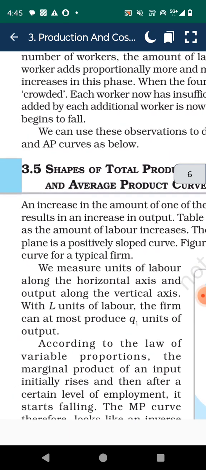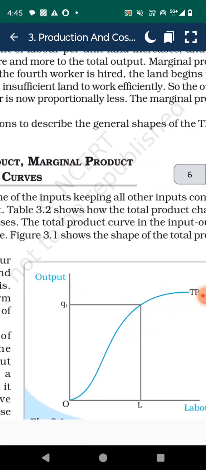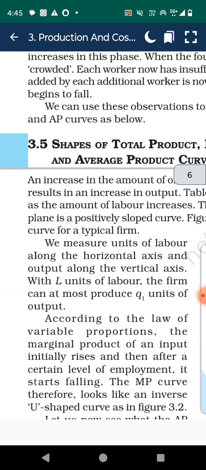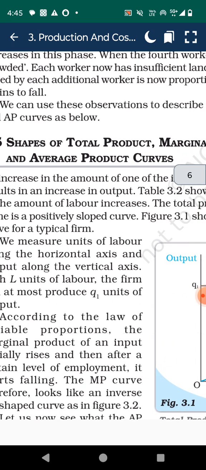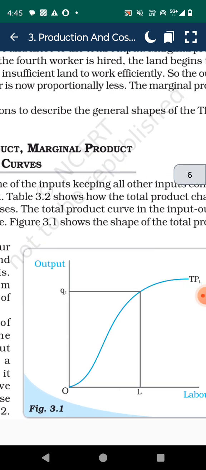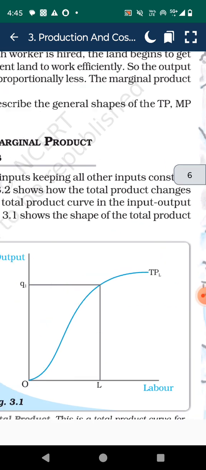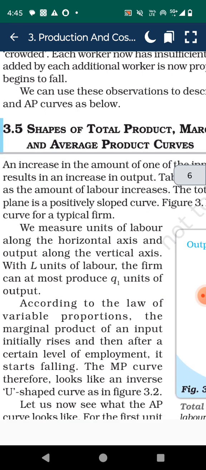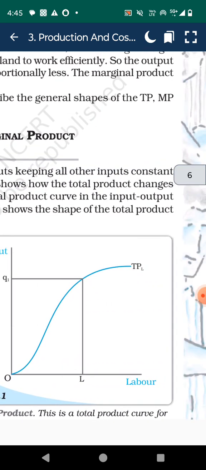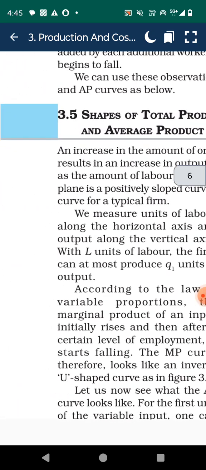Marginal product increases in this phase. When the fourth worker is hired, the land begins to be crowded. Each worker now has insufficient land to work efficiently, so the output added by each additional worker is proportionally less. The marginal product begins to fall.